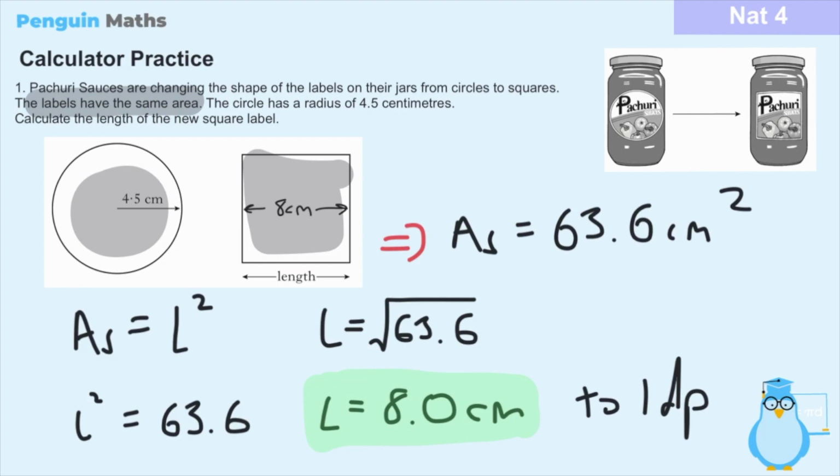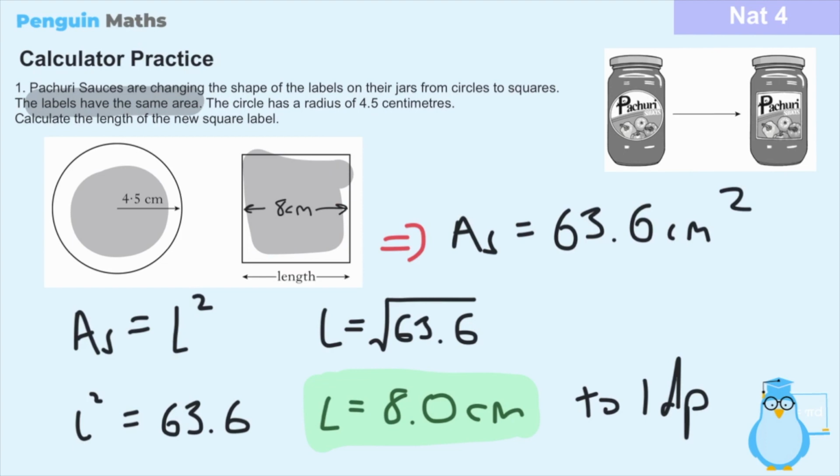The maths is pretty simple, but the key thing is understanding the question and interpreting the key bits of information it gives us. The first thing is that we're told that the labels have the same area, so we can identify that this area is equal to this area, and all we really need to know is that the area of a circle is equal to pi r squared, and that the area of a square is equal to the length squared.